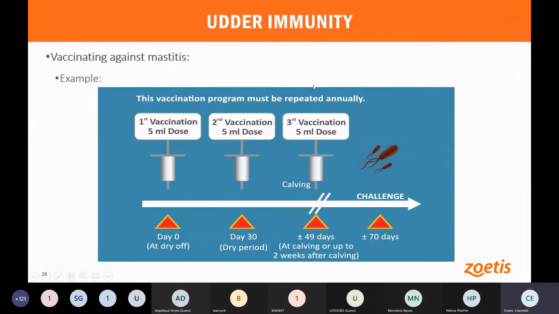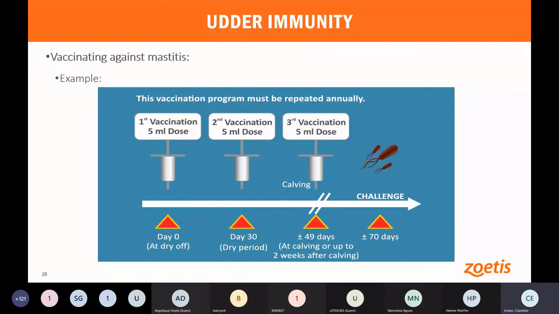Okay, so this is just one example. This is one of the Zoetis vaccines that I've just put up, and like you'll see there, it's a three-dose regime, and this three-dose regime needs to be repeated annually. So this year I give three doses according to what you see on the screen. Next year, at the next dry off, I need to repeat all 3 doses.